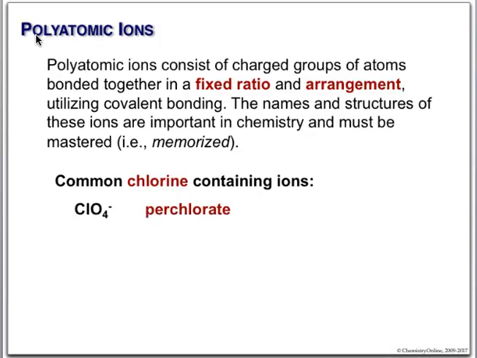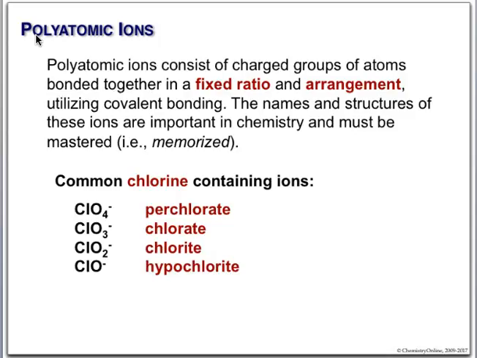These are chlorine-containing ions. And this is our example because this works really well. Our parent here ends in ate. This is chlor. Chlor is our prefix. And ate means that this is the parent. Chlorate is the parent.